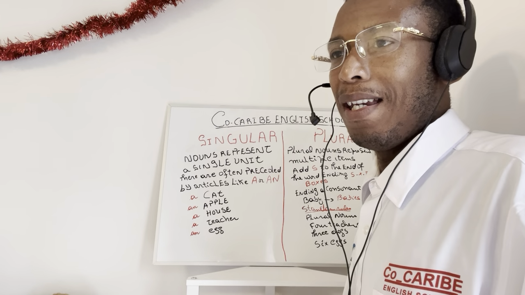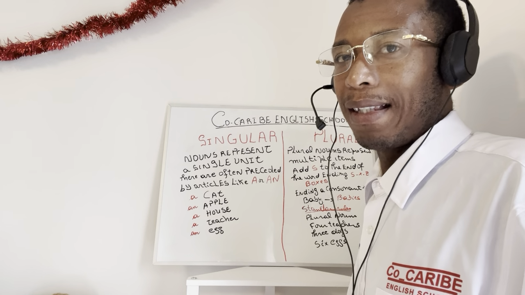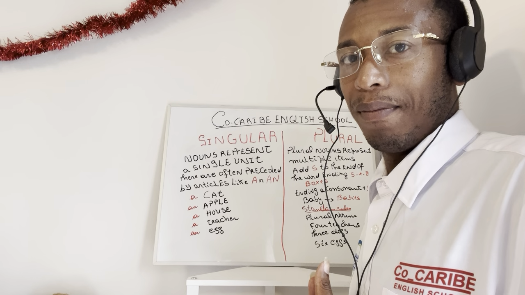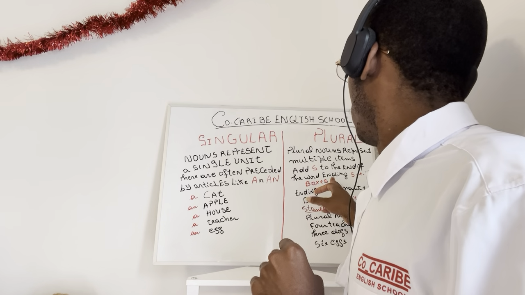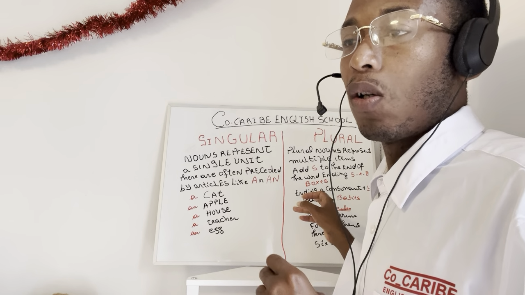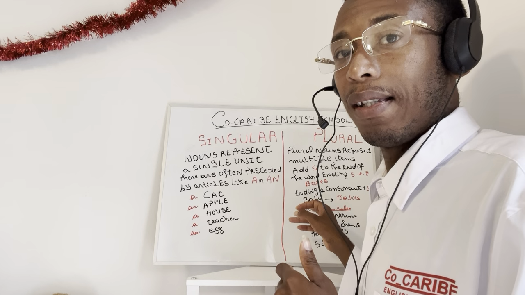You cannot say baby, you put es on the baby like that. No. The rules said you have to remove y, because y is at the end of the words.